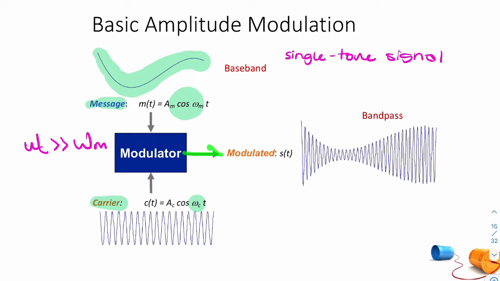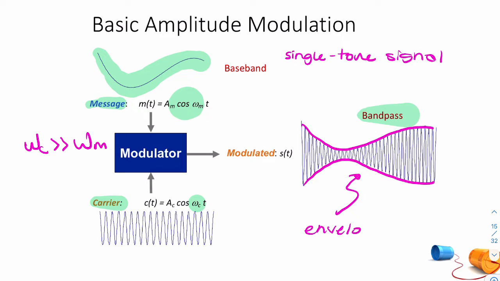And what that gives us is a modulated signal, where the signal has actually modulated, i.e. it has altered, it has changed, it has encoded itself within the amplitude or the envelope of the carrier. So this is modulated. It's called a band pass signal. It's ready for transmission. So that pink bit is called the envelope.